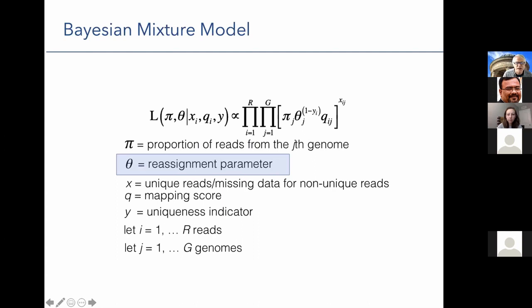And then this is our secret sauce that gives us much better resolution than everybody else: this reassignment parameter that allows us to reassign based on information about how these reads are associated with uniquely mapped reads. We do take into account quality scores. So we love FASTQ files as opposed to FASTA files, and we can incorporate that quality information into our mapping score as well. So that's kind of what's under the hood, and gives us our strain level resolution with the metagenomics.